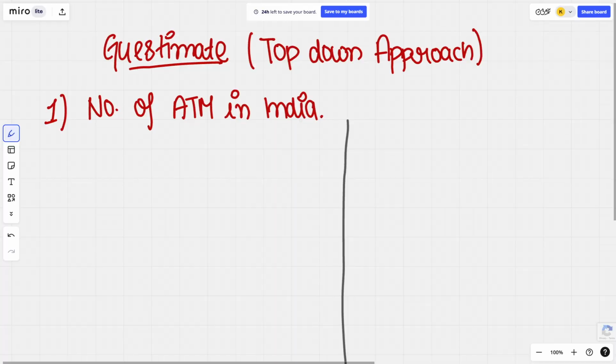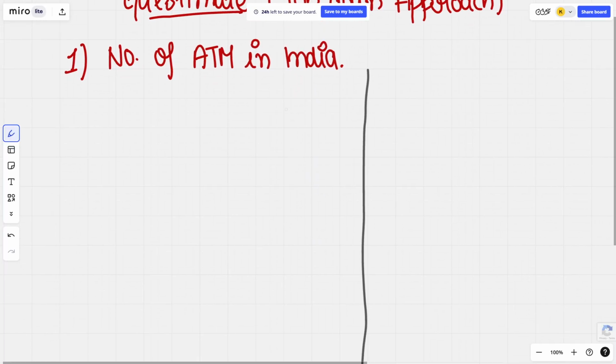When I talk about the top-down approach, basically 90% of the questions solved with it start with the population of the country or the entire world. So we will be starting with the population, because we have to estimate the number of ATMs.